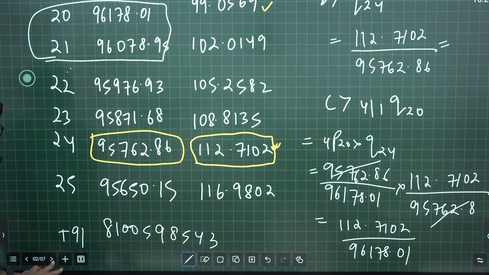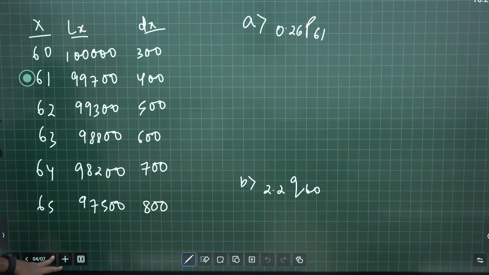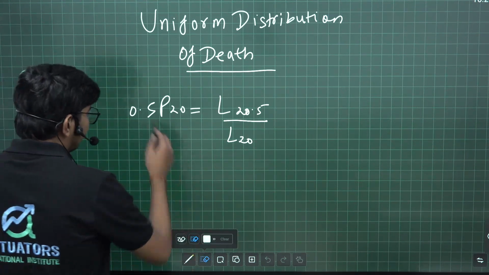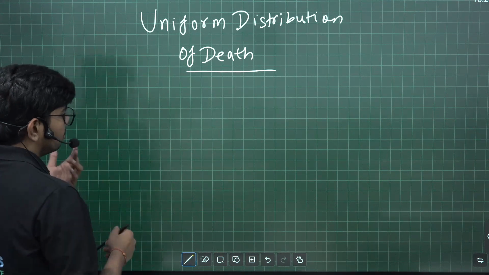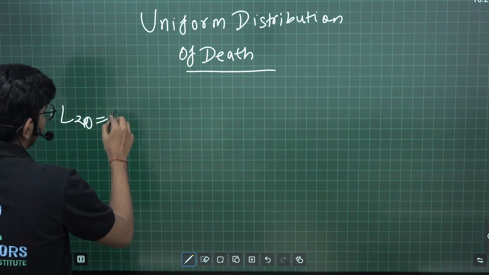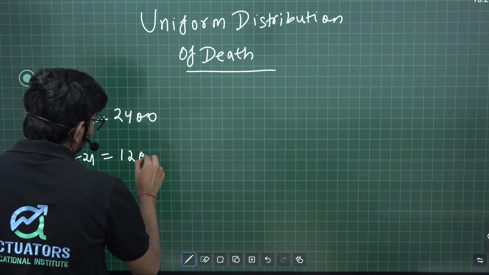Now, the answer to L20.5 would depend on the kind of assumption you are making. There are different assumptions you can make. Ultimately, you just have to go from L20 to L21, which should not be very difficult. Let us say that L20 is equal to 2400 and L21 is equal to 1200 for simplicity.